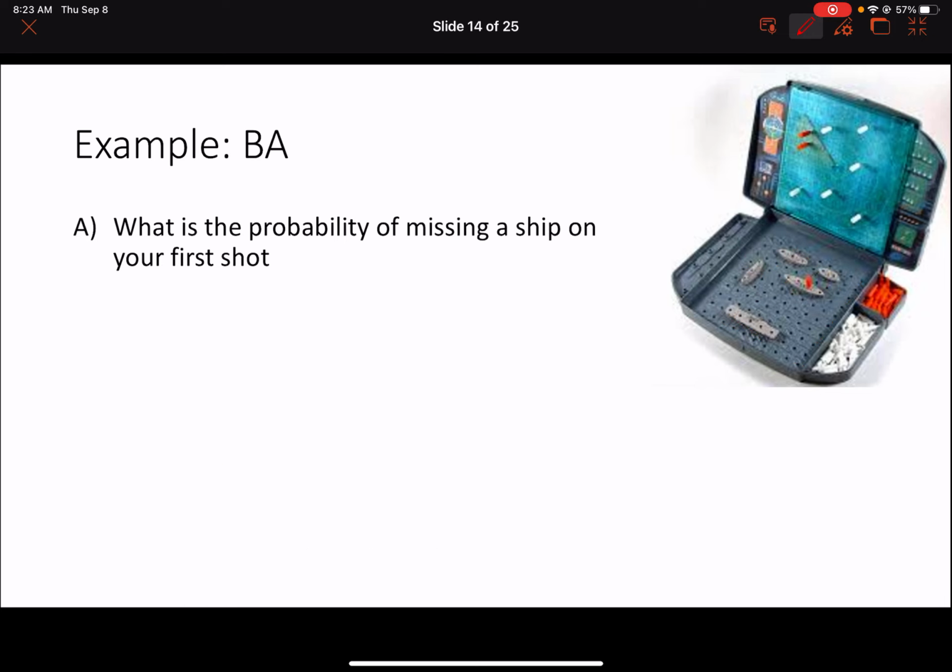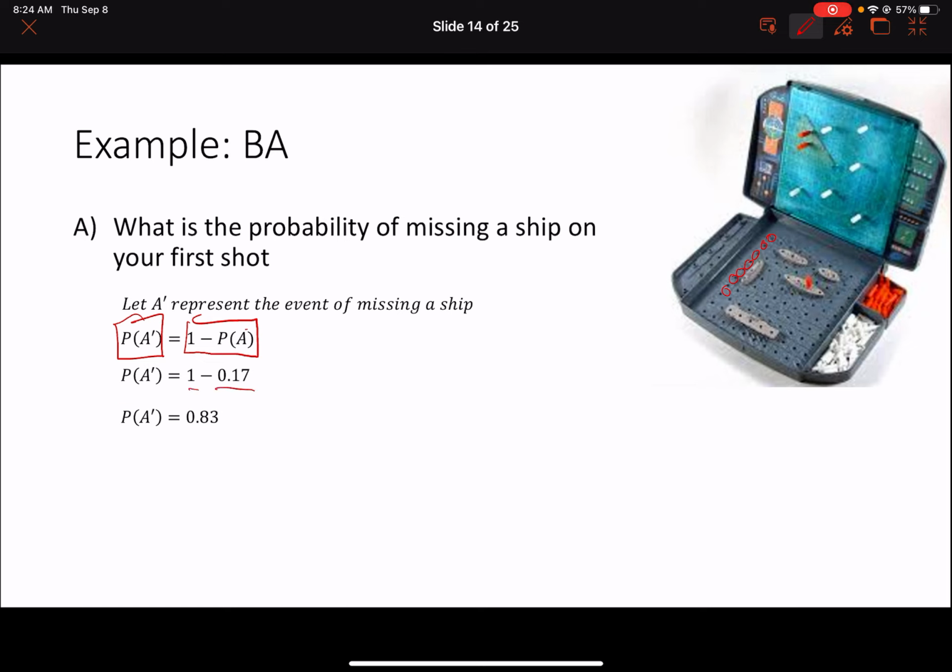So then what's the probability of missing the ship? Well, we could count 1, 2, 3, 4, 5, 6, 7. But if I let A prime represent the event of missing a ship, then the probability of missing is just 1 minus the probability of hitting, which is 1 minus 0.17, which is 0.83. So therefore, the probability of missing the ship is 83%.